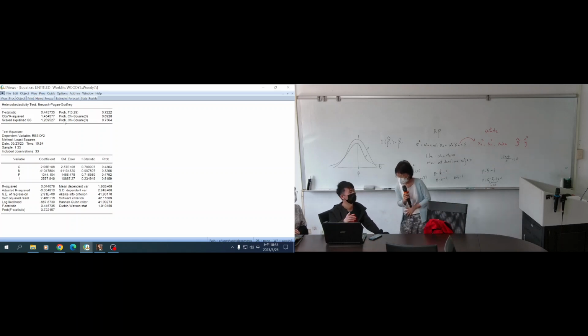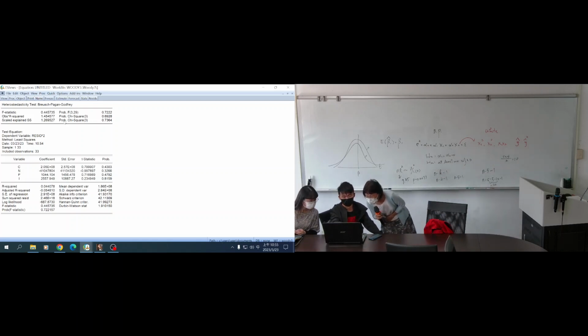If you use the White test, is it still the same? Yeah, the p-value is so high, 0.91. The p-value has to be lower than the significance level to reject. Alpha is called the significance level, not the confidence level; the confidence level is 1 minus alpha.